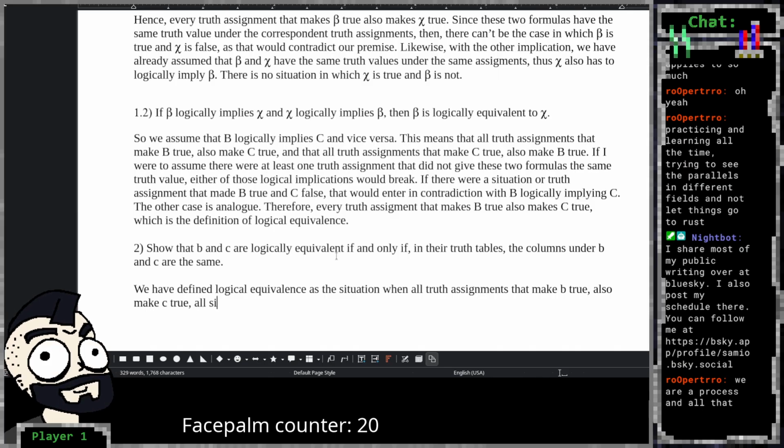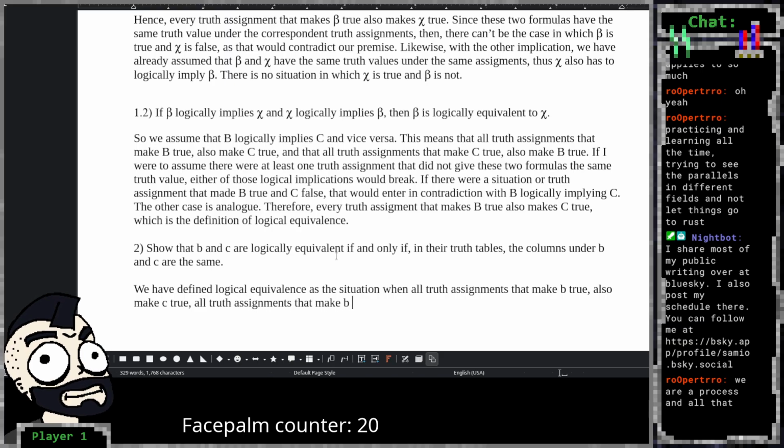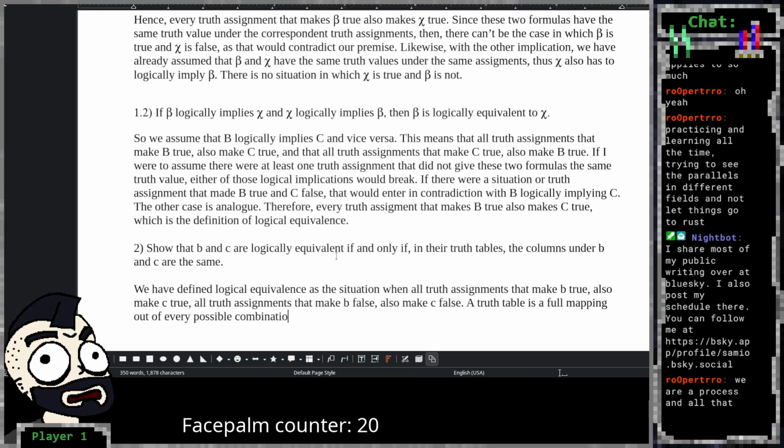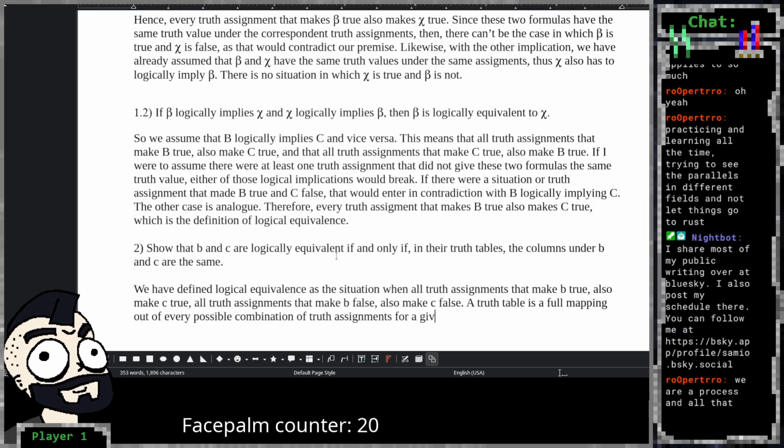All truth assignments that make B false also make C false. A truth table is a full mapping out of every possible combination of truth assignments for a given formula.